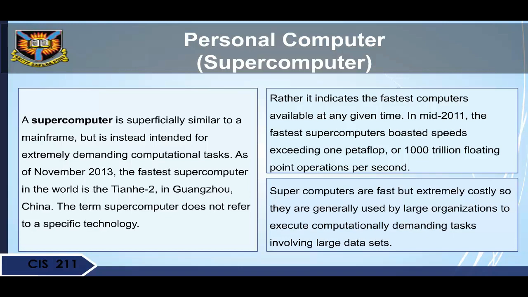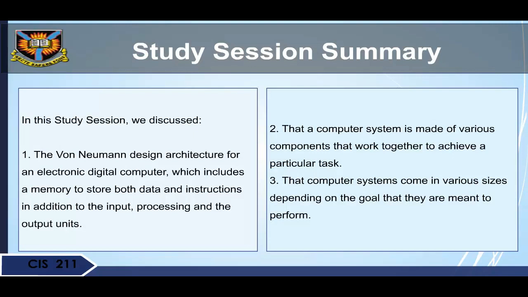In mid-2011, the fastest supercomputers boasted speeds exceeding 1 petaflop, or 1,000 trillion floating point operations per second. Supercomputers are fast but extremely costly, so they are generally used by large organizations to execute computationally demanding tasks involving large data sets.